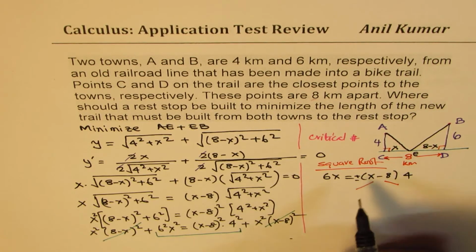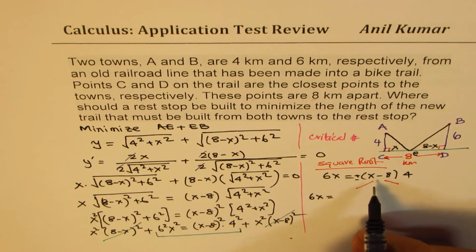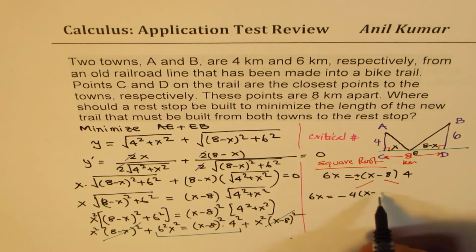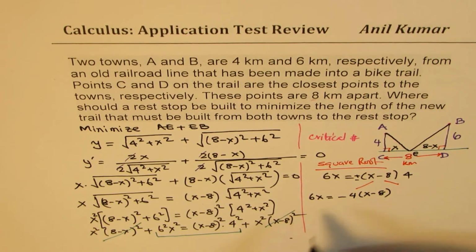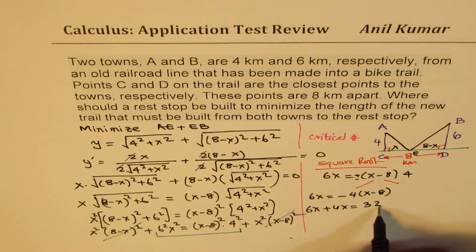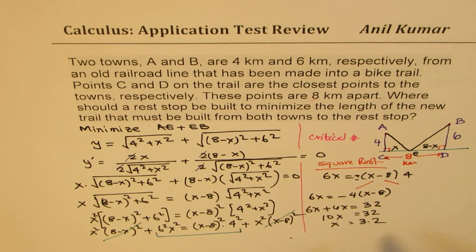So we could write this one as 6x equals, I'm using the minus value first, minus 4 times (x minus 8), right? We'll solve with this. So we have 6x, when you open this, bring 4x to this side, plus 4x equals 8 times 4, which is 32, right? So that is 10x equals 32, or x equals 3.2.